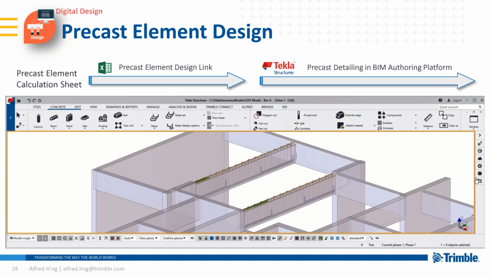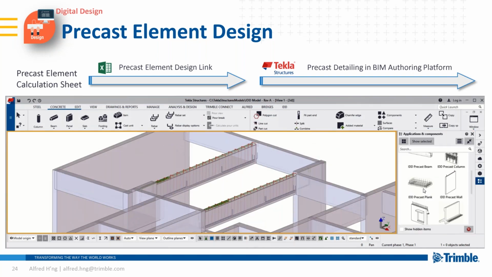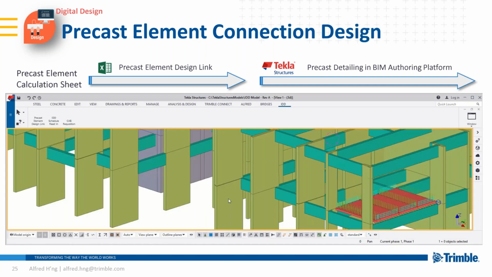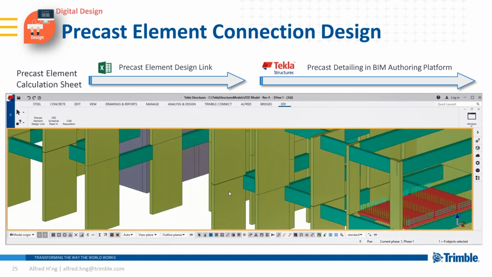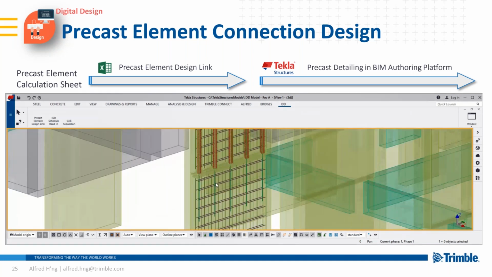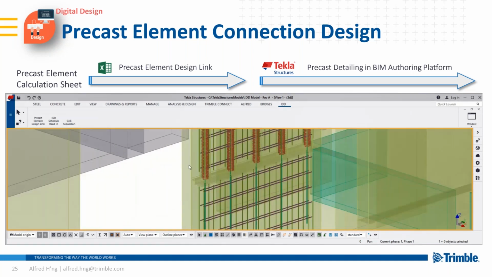Let's go to the next one. A similar process applies to the precast connections as well, the connection between two walls in this case. Again, the design link reads in the connection details of the wall.